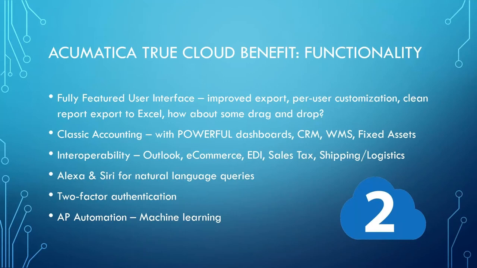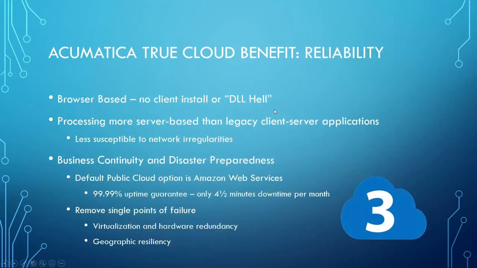You can turn that off so that when your Acumatica installation recognizes that you're coming from your office building, you don't need to go through the two-factor. Machine learning: I don't think we'll get a demonstration of that. Hopefully Jessica can go into more detailed discussion, but it's looking at an image of an AP invoice, parsing it, and entering that AP invoice for you. Amazing.